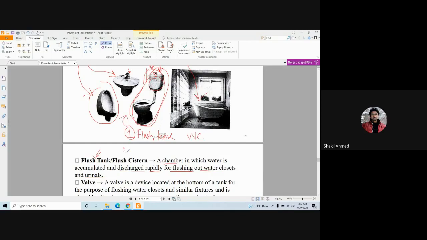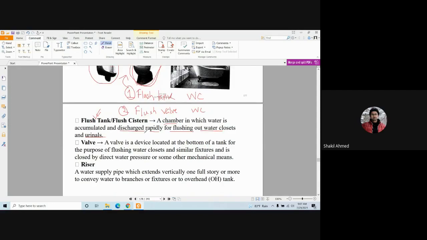Number two is flush valve water closet. What happens here? A valve is a device located at the bottom of a tank for the purpose of, I mean, valve.